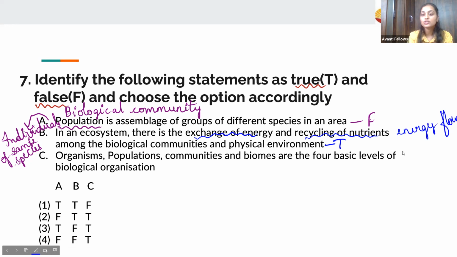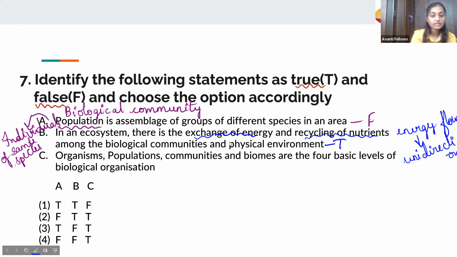This energy flow is unidirectional, and it flows from one trophic level to another.